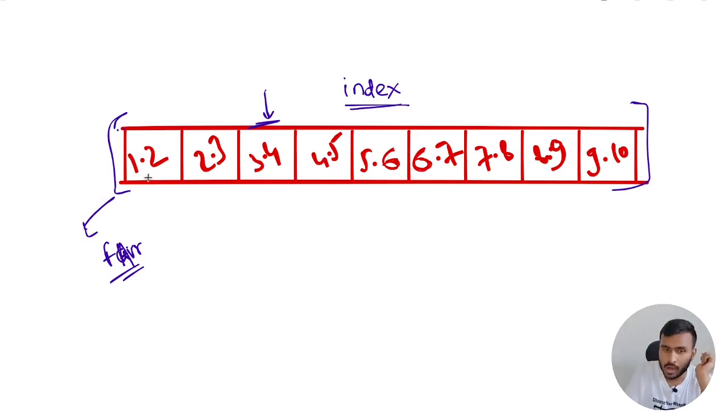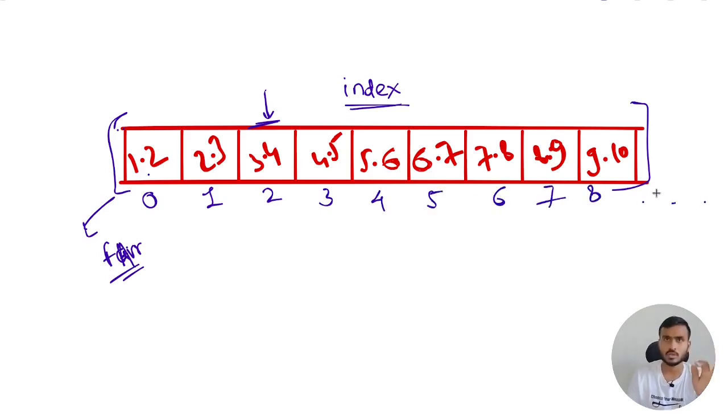The first element will have index 0, the second element index 1, then 2, 3, 4, 5, 6, 7, 8, and so on. Always remember, in C++ the index starts with 0. Each element is going to have a unique index and it starts with 0.